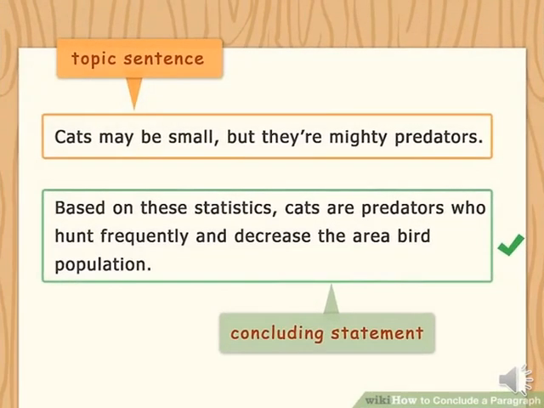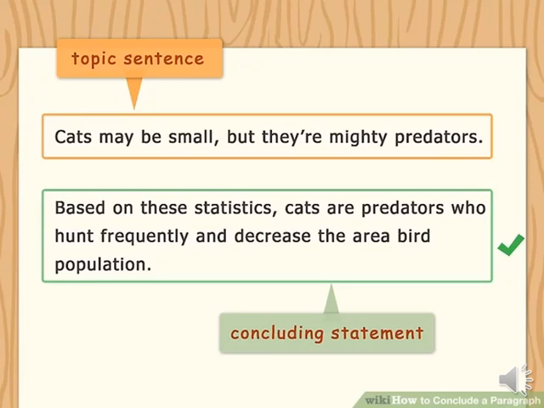Here is a good example about a topic sentence and a concluding sentence. Notice here that this is not a full paragraph. We just took the topic sentence and then the concluding sentence just to show how it restates it. So, the topic sentence of this paragraph was, "Cats may be small, but they're mighty predators." Okay, a good topic sentence. In the supporting sentences, if you can imagine, you will talk about why cats are predators and you will give examples.